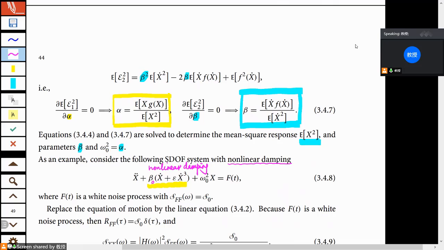The excitation F(t) is a white noise process with power spectral density equal to S0.